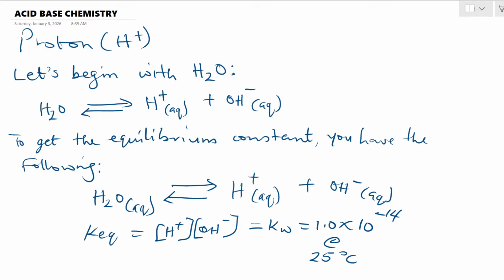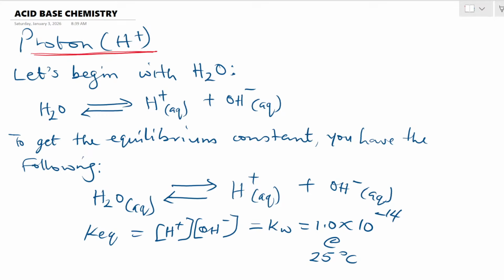Alright, so we said the only thing that moves around is the proton, and that's the emphasis for why we have the proton in this case. From all our reactions during the class, we saw that in every reaction in acid-base chemistry, we are always looking at where the proton is going.